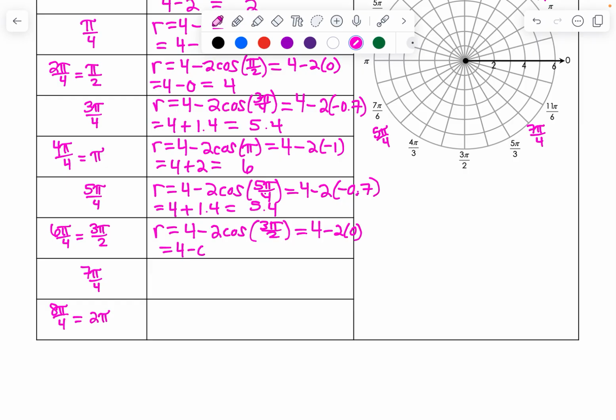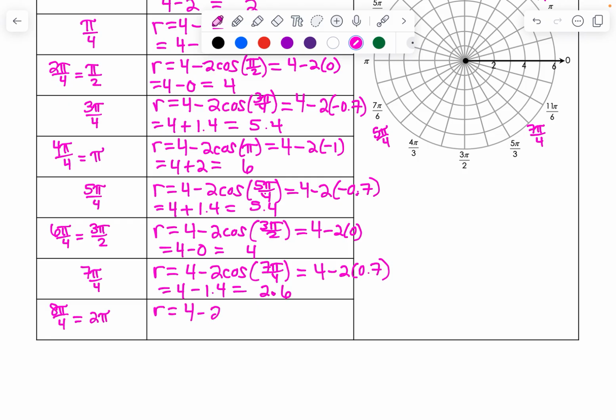So 2 times 0 is 0, 4 minus 0 gives us 4. All right, so 7 pi over 4, cosine's going to be positive over there, so it'll be positive 0.7, so we'll have 4 minus the 1.4 again. So again, 4 take away 1 is 3, 3 take away 0.4 gives us 2.6 again.